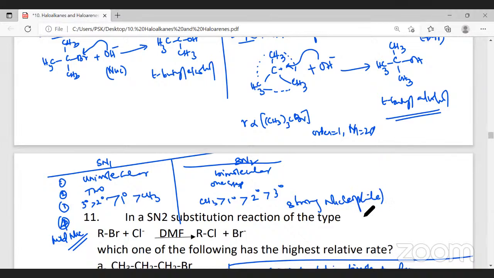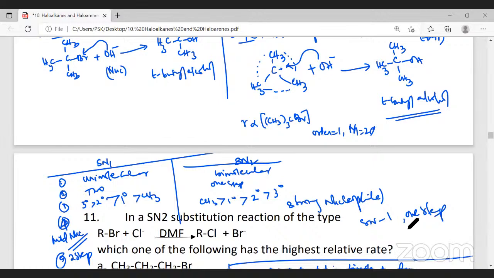So these are the differences between SN1 and SN2. I didn't mention it clearly: SN1 takes place in 2 steps, and the fifth difference, SN2 takes place in 1 step. So you can remember these 5 differences to answer questions if they ask.